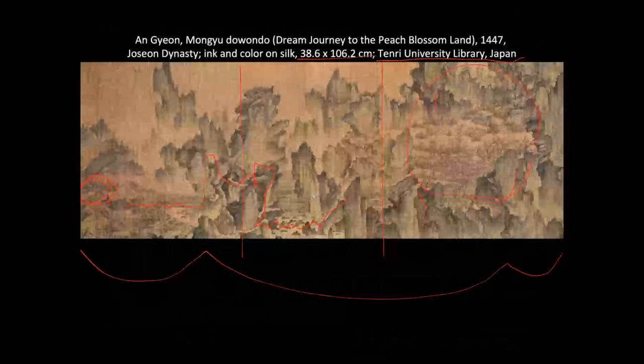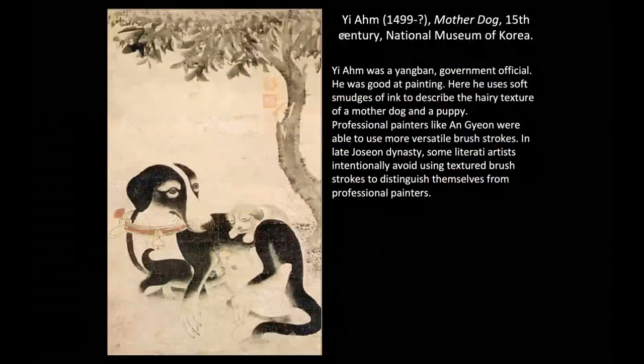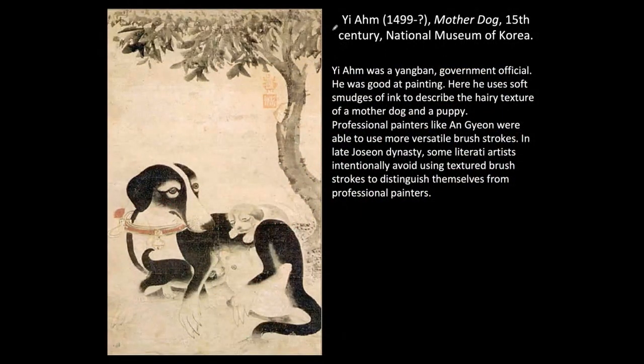But I wanted to show you one thing. Not all painters were professional painters. This kind of work, animal painting, everybody loves puppies, right? Puppies, and then another puppy, like three puppies suckling the mommy puppy. Right? So Yi was a Yangban painter.